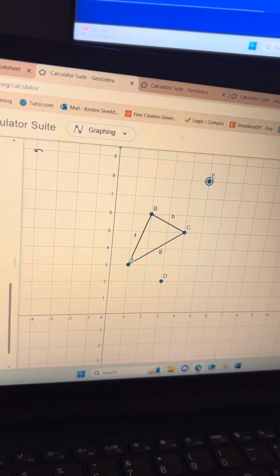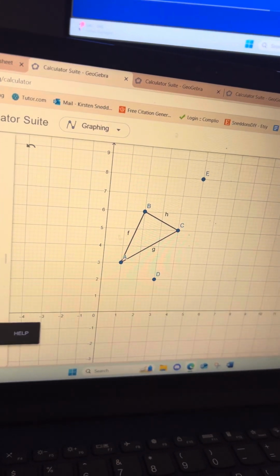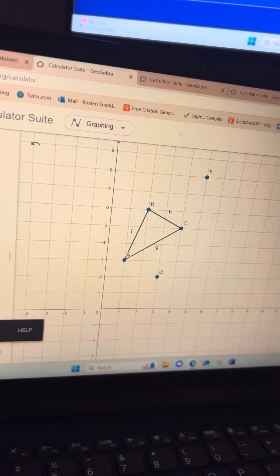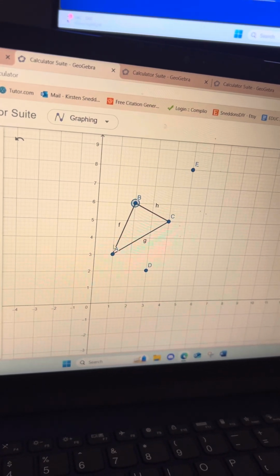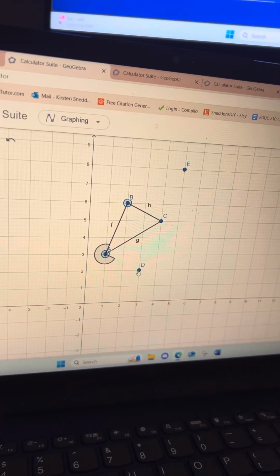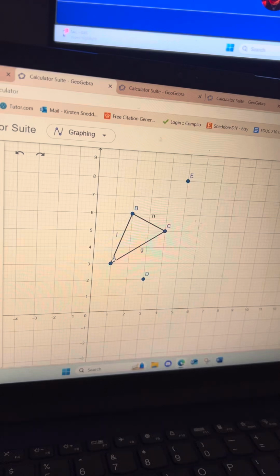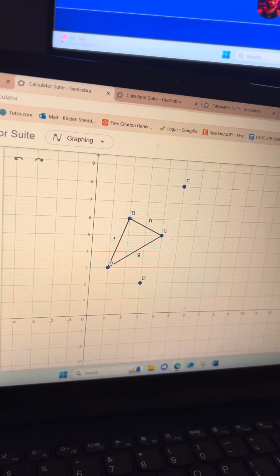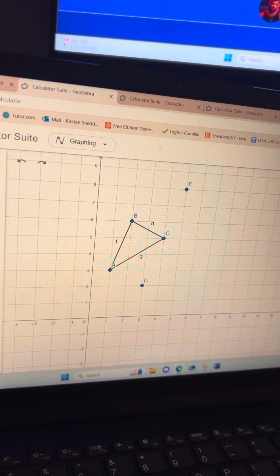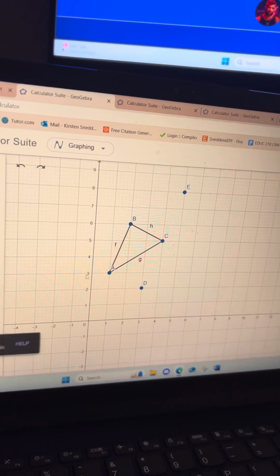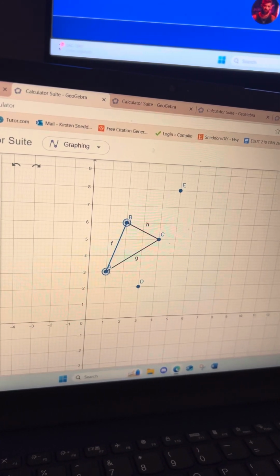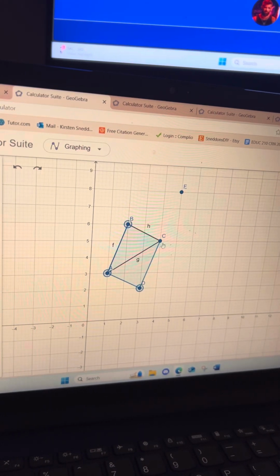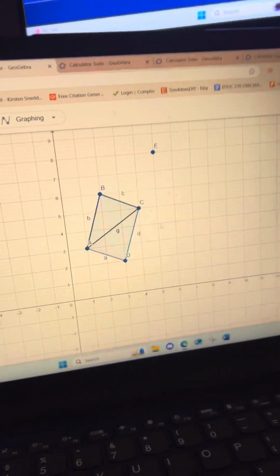And let's say we connect A, B, D, and C. We go A, B, D. Oh, I used the wrong button. Sorry about that. B, A, D, C, B. And there you go.